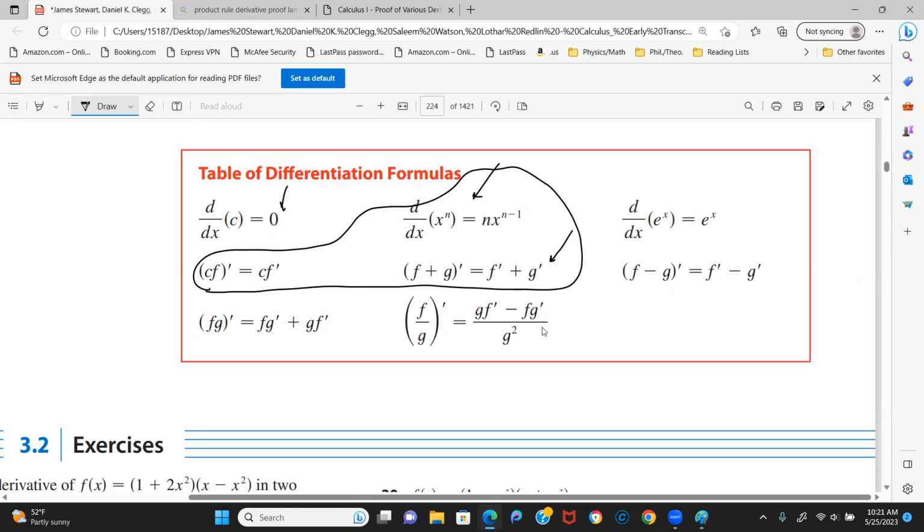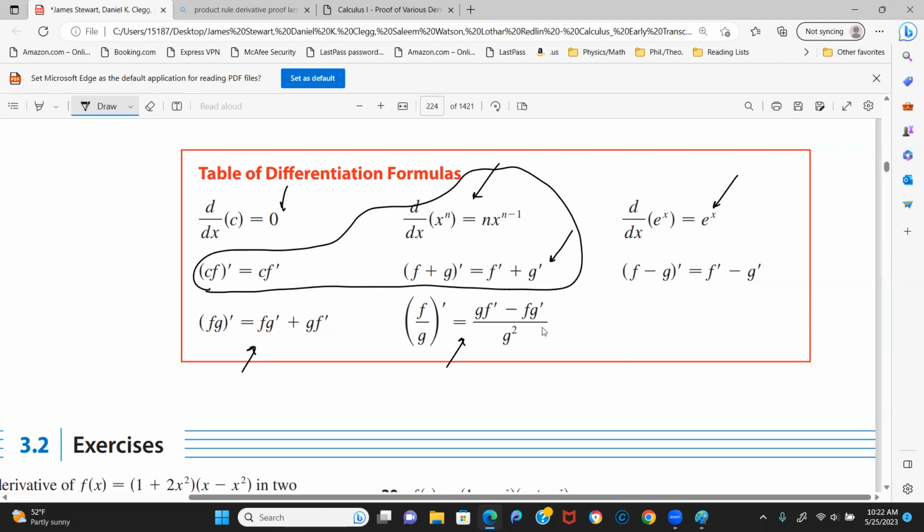These three formulas here allow you to prove that all polynomials are continuous. Here's the nice formula about the derivative of e to the x. Here's the product formula which we proved, and then there's the quotient rule. So we now have a ton of tools at our disposal.